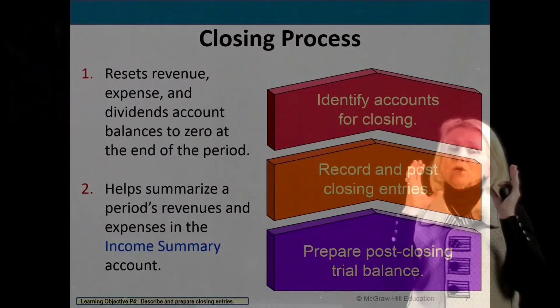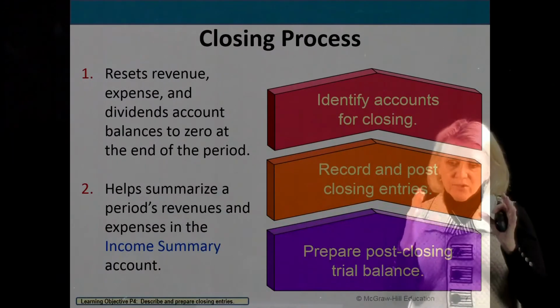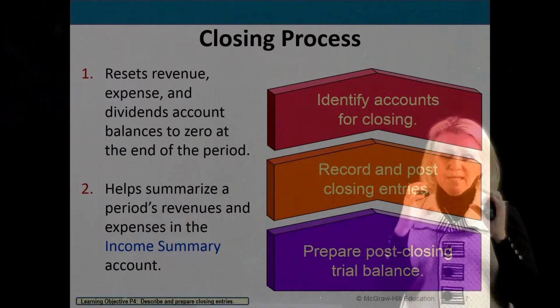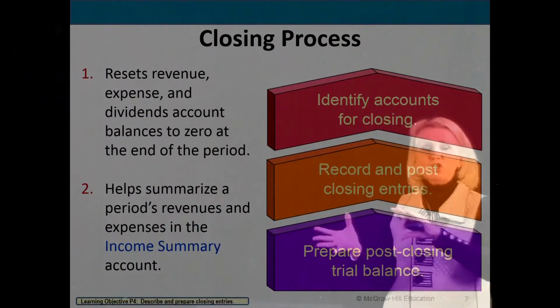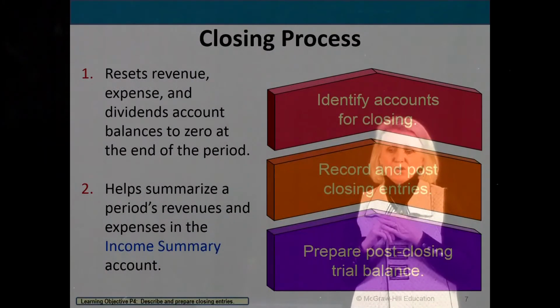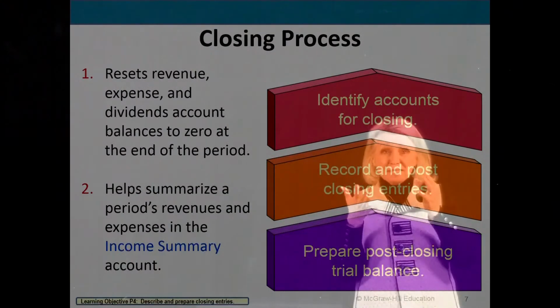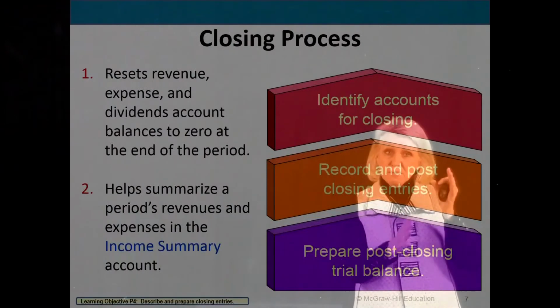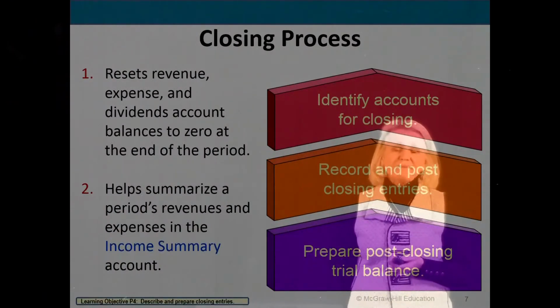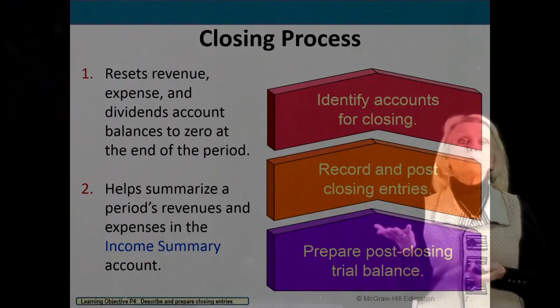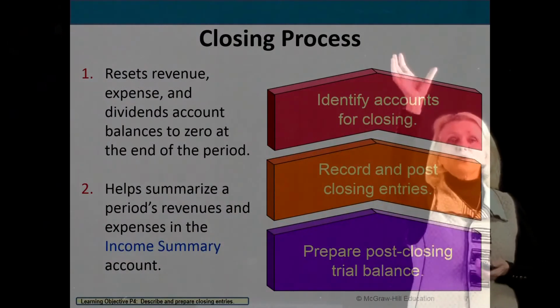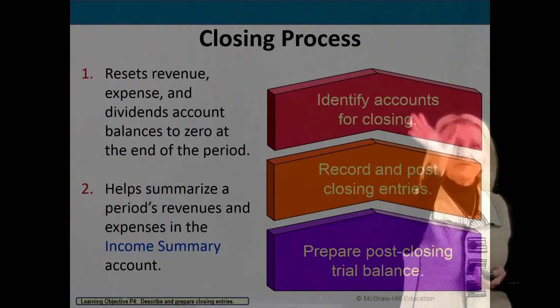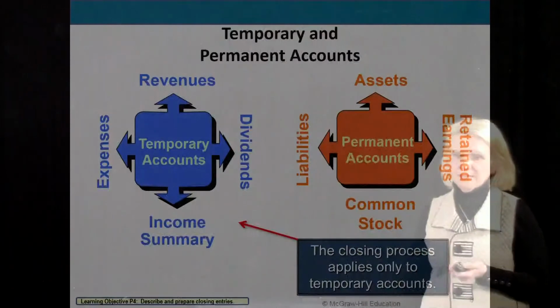It is not required by GAAP to use an income summary account. You could close these accounts directly into retained earnings, but if you make a mistake, you don't have any way to balance that. And then in this situation, they prepare a post-closing trial balance, which is just one more column of adjustments and then the post-closing trial balance.